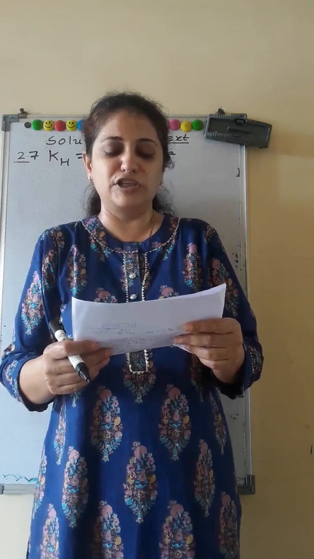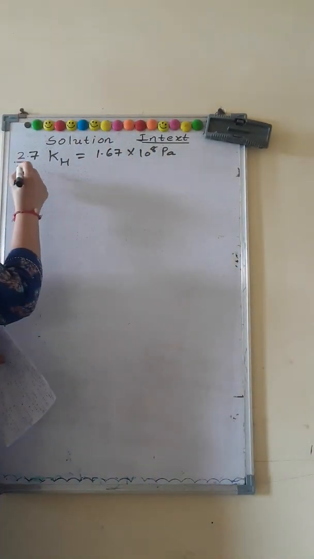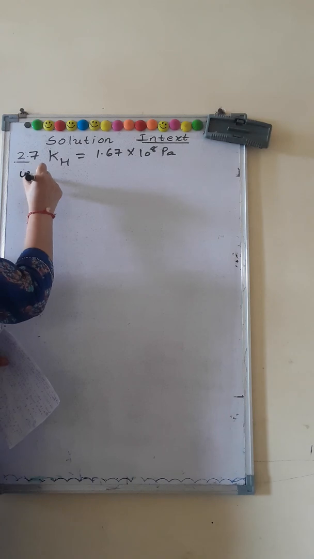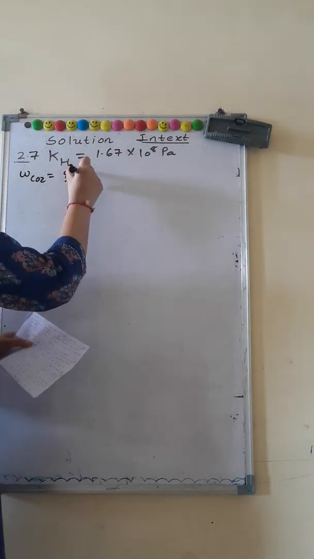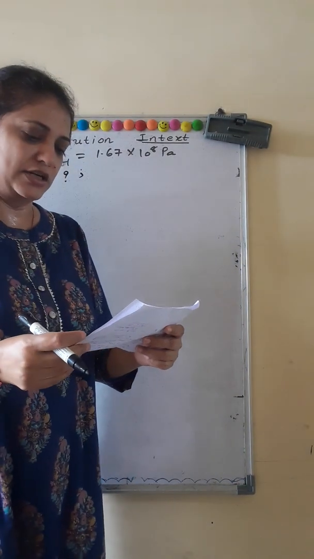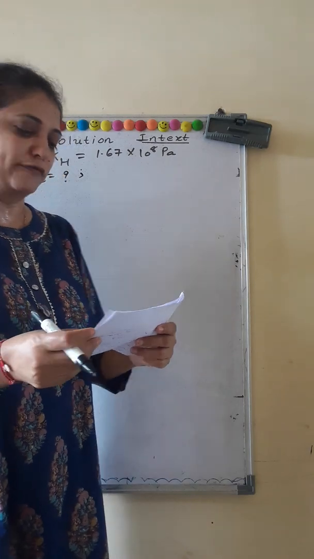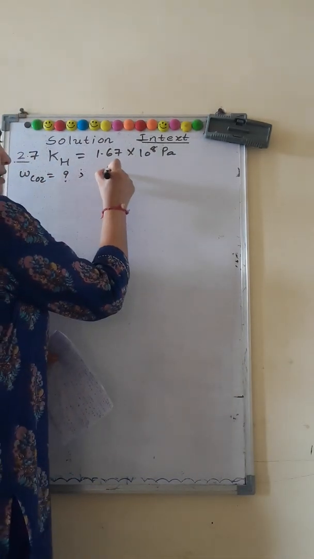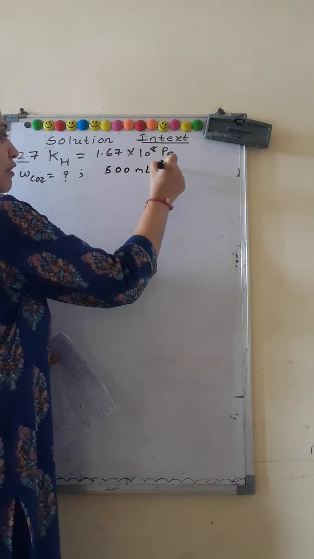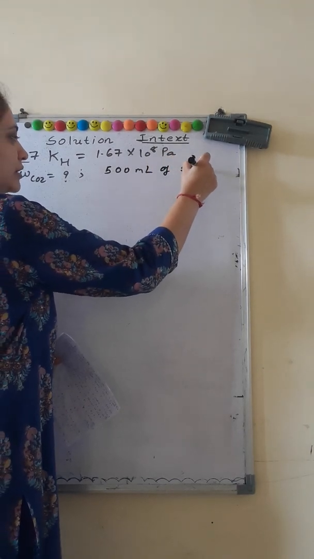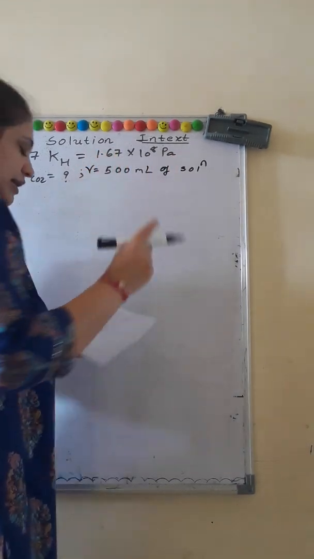Calculate the quantity of CO2, that is mass of CO2, in 500 ml of soda water, 500 ml of solution. So V is equal to 500 ml.